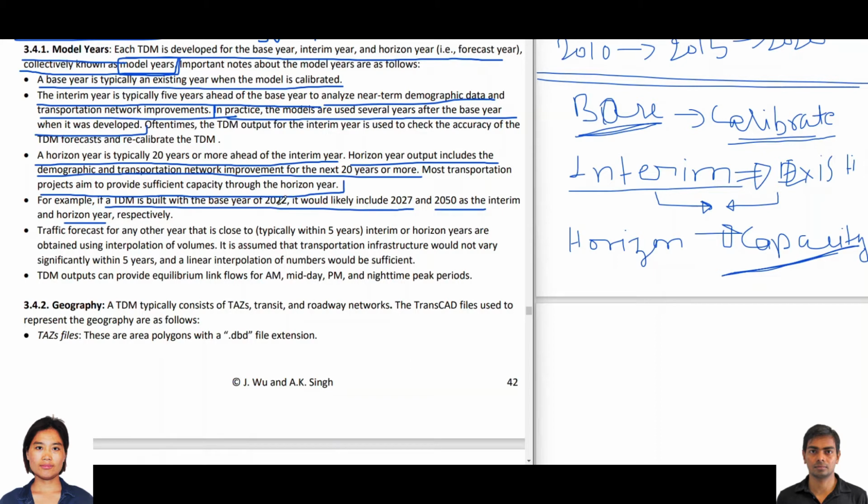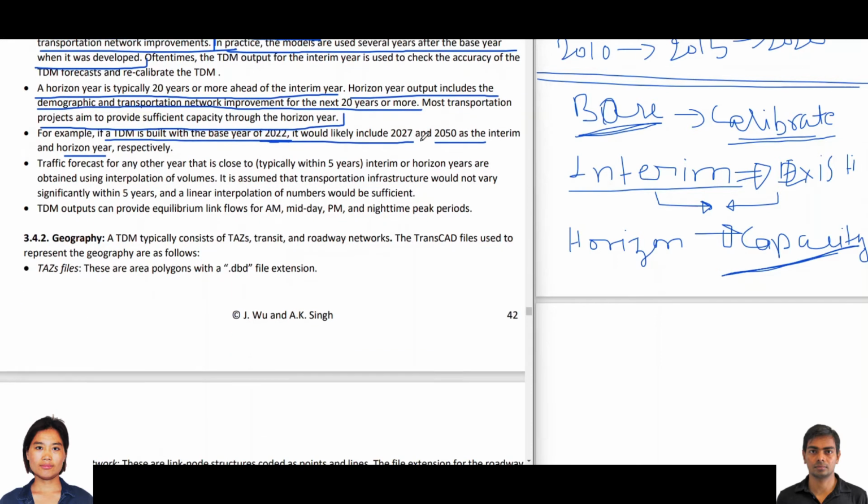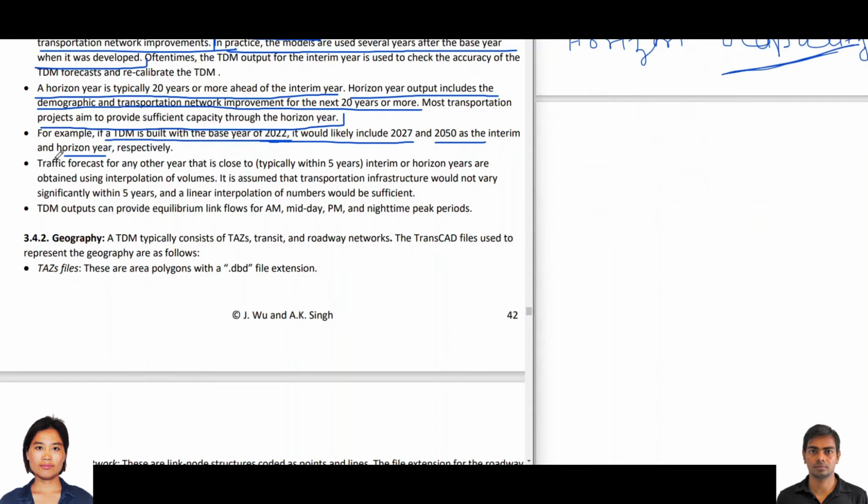Like I mentioned, it's usually in increments of 5, but here the base year is 2022, so it will be plus 5 for the interim, and instead of 2047, which is not a multiple of 5, it would be 2050. So this is a general timeline of how these years are built, just to give a background on what to expect when we are opening the travel demand model for the very first time.